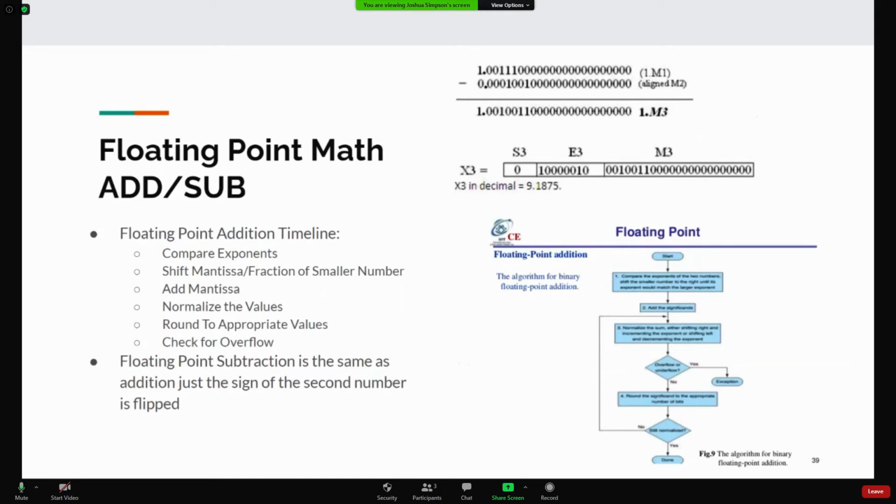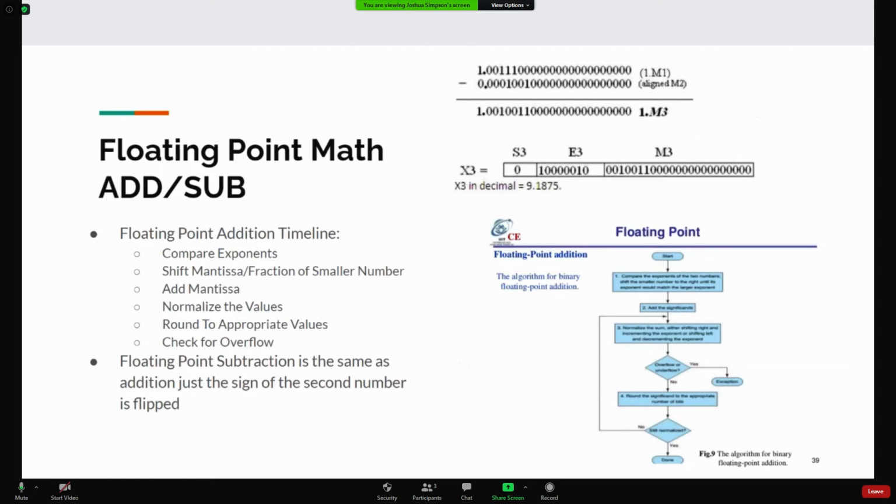How it works for add and subtract is that it compares the exponent bits, finds which one is larger and the difference between them, and does a shift operation to normalize the mantissa bits to a point where they line up. From there, it adds the mantissas, takes those equalized exponents, and then rounds to create the overall new value for addition.